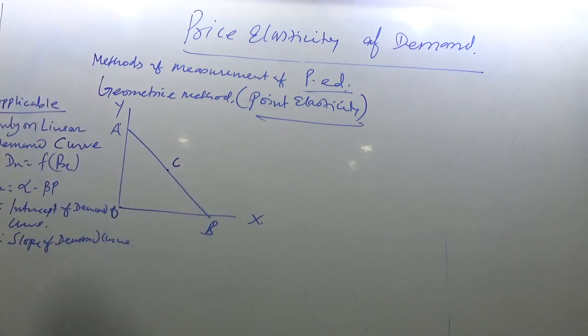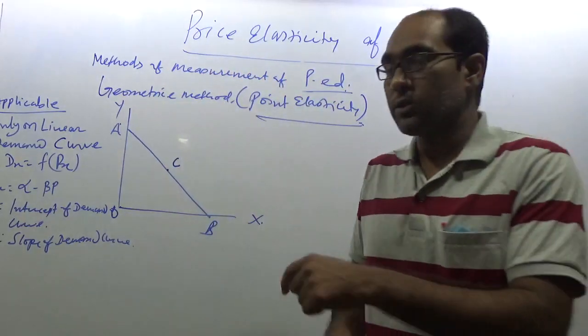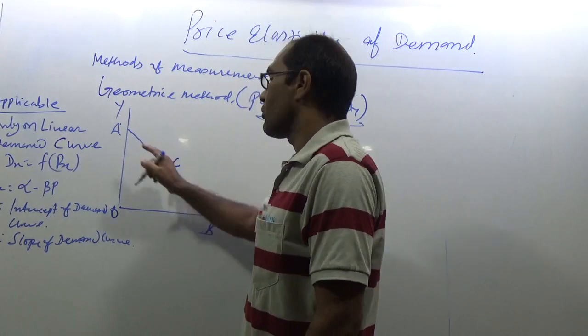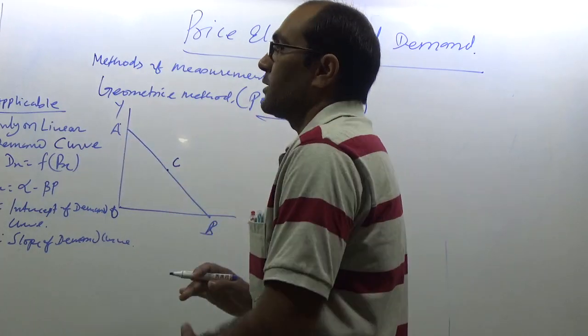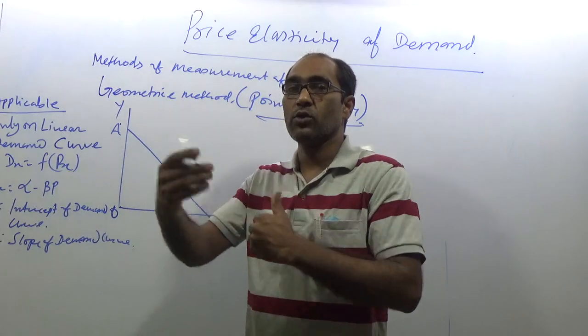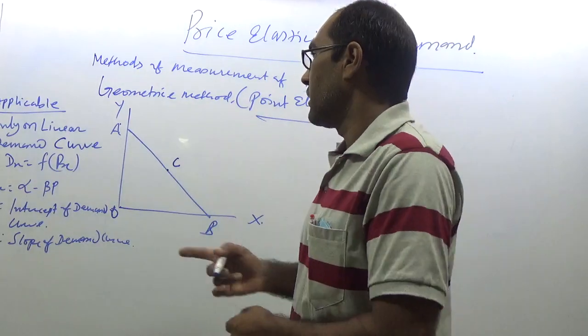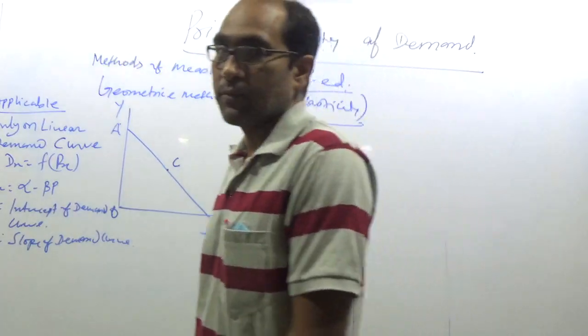Suppose it's C. आपको केवल इतना करना है कि इन दोनों extreme points A और B, you have to measure the size of the demand curve and divide it into equal parts, such as AC must equal BC.